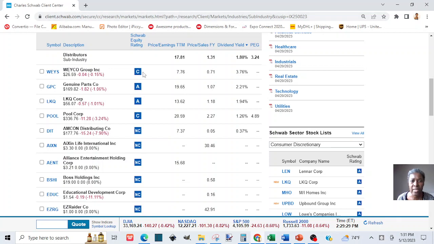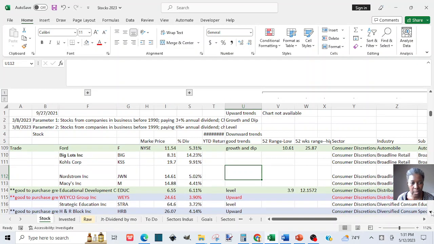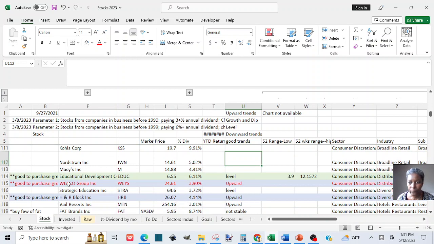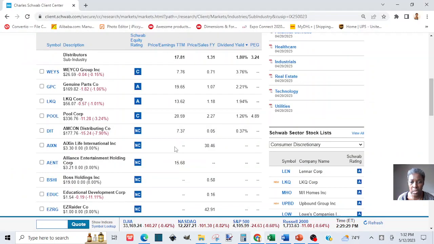So Wesco is the only one here, and let's check our spreadsheet to see if we already have it. Otherwise, it will be added as well, and we do have Wesco in it. And there is this one that I have not seen, but it was included last time that I did it, EDUC, but I'm not seeing it at this point.